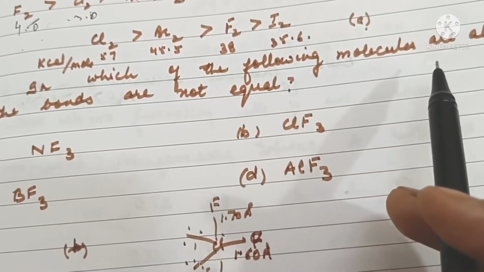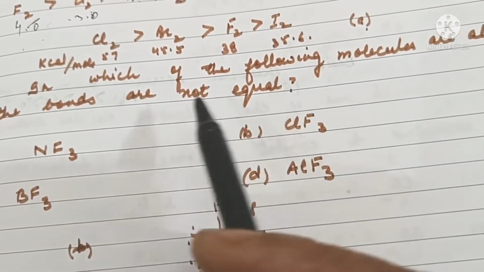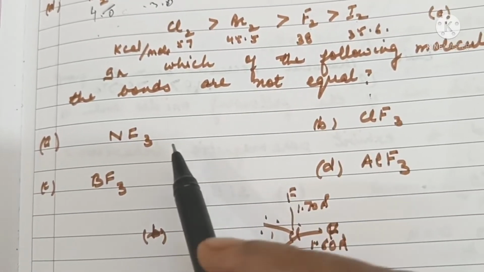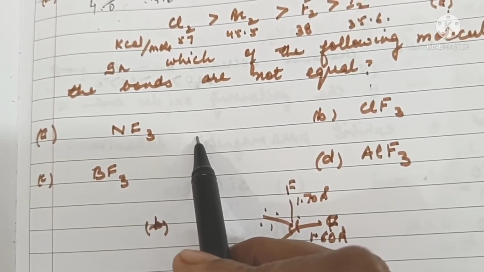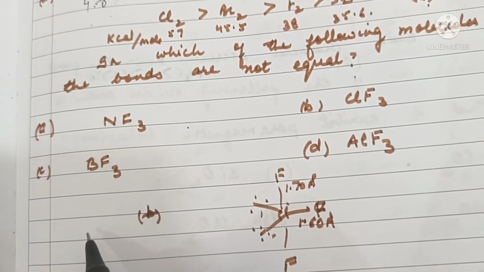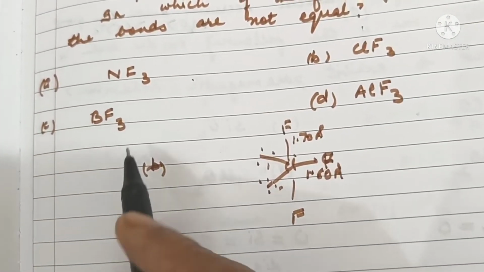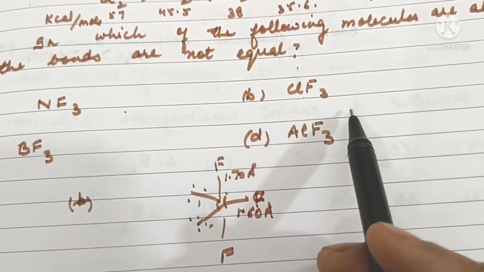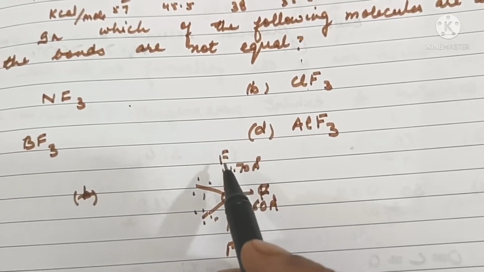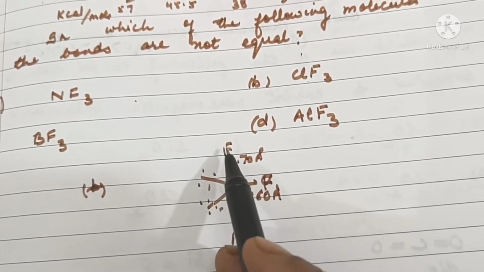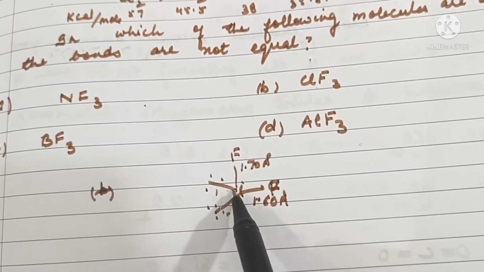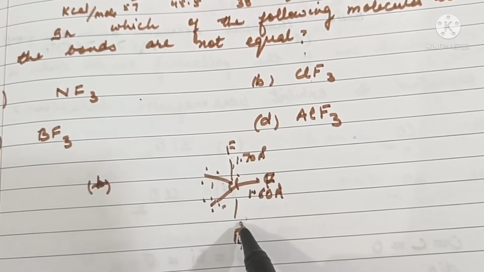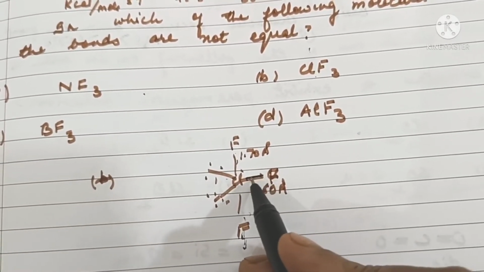In which of the following molecules are all the bonds not equal? So in case of NF3, the structure is pyramidal, bonds are equal. In ClF3, the structure is trigonal bipyramidal, which means that two fluorine bonds are axial, whereas this one is equatorial.